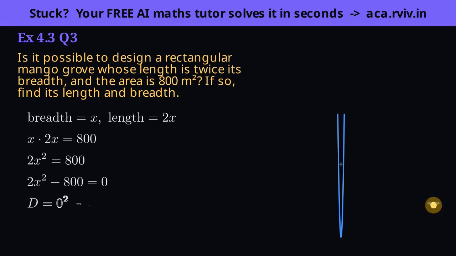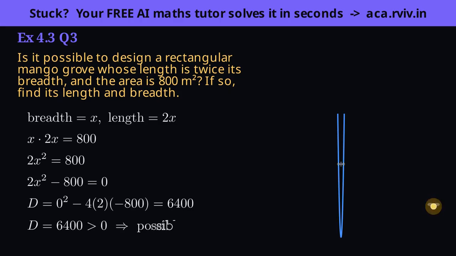With a is 2, b is 0, c is minus 800, the discriminant is 0 squared minus 4 times 2 times minus 800. The two minus signs make it plus, giving 6400. D is positive, so real roots, real dimensions, exist. The design is possible. That's the yes we needed before bothering to solve.